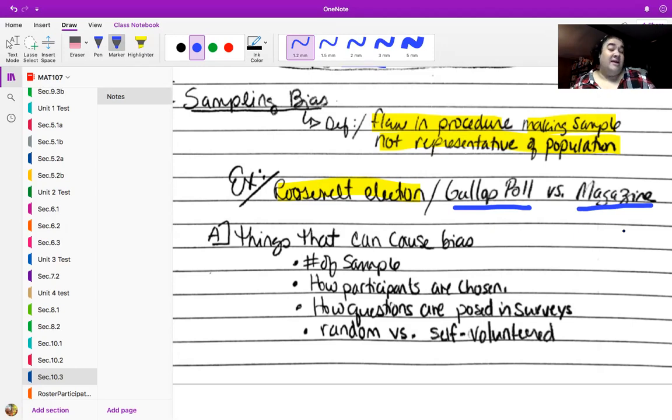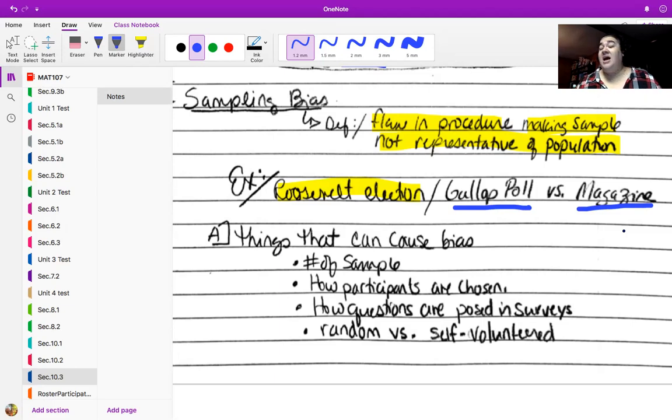Now, the magazine contacted the people they wanted to ask about whether they were voting and who they would vote for in the Roosevelt election by choosing people who owned vehicles and people who had phones in their homes. And that's how they contacted them.